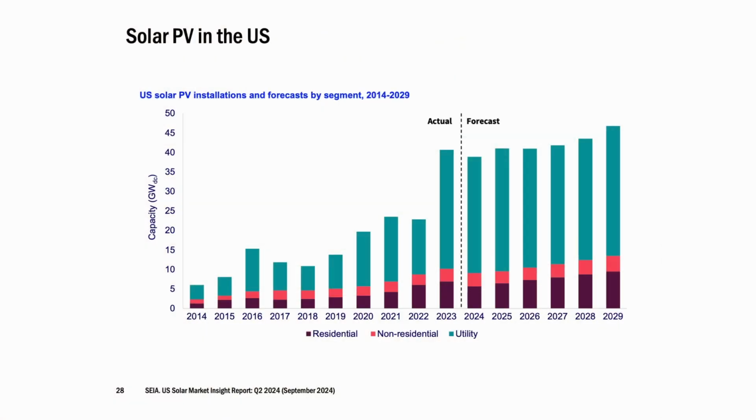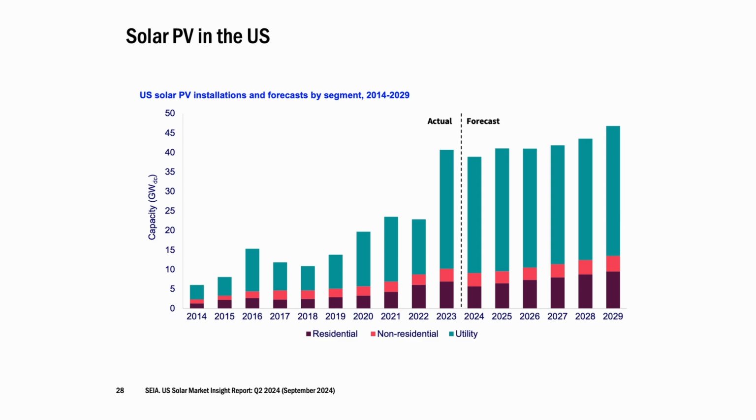Okay, so this is zooming into the US. This shows the growth trends of solar PV in the US, looking back historically, and also what's forecast to happen under current policy conditions. And it breaks out that PV by different categories. You've got residential, non-residential, and utility.